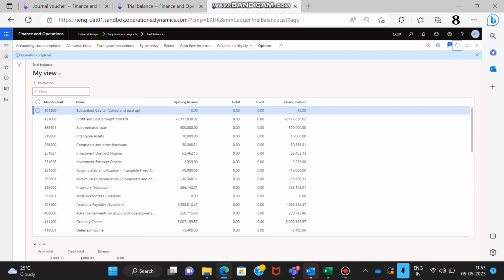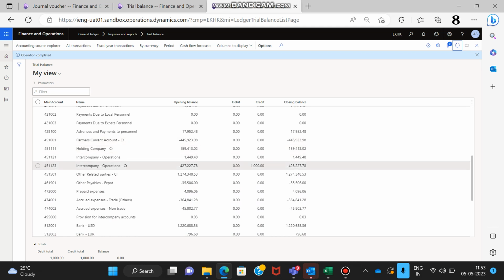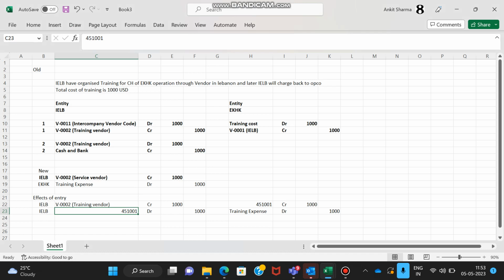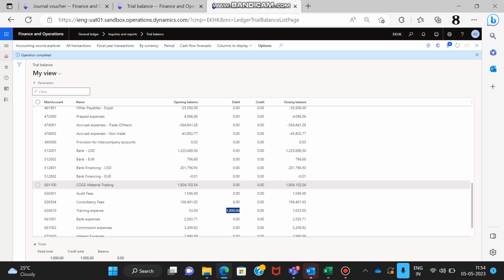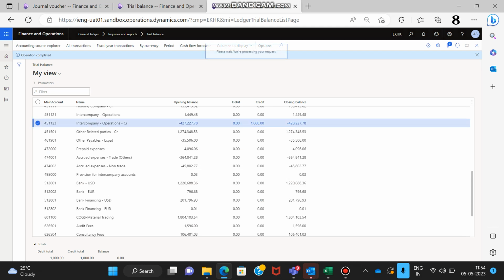If you go and see in the books of Ekistok, you can see the intercompany account is credited, as I mentioned over here, and the training expense account would be debited. So that is how the intercompany transaction would take effect if it is paid by or incurred by the head office.